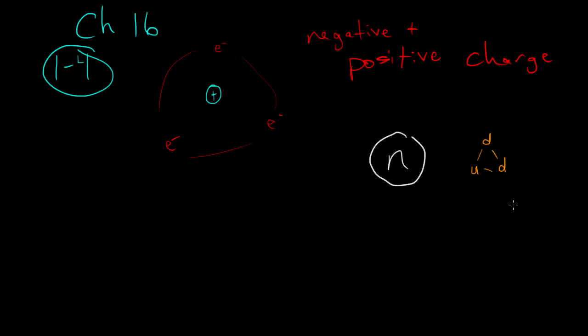We're actually going to skip the chapter where this is shown, so bear with me. The downs have a -1/3 e charge, and the up quarks have a +2/3 e charge. You add all these up and you get 0. So even a neutron, the quintessentially neutral particle that we talk about, is not electrically neutral if you could look in close enough.